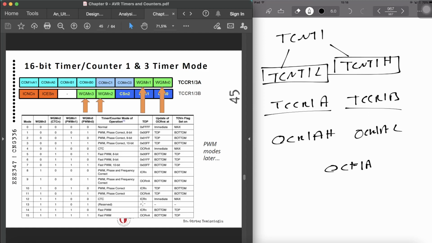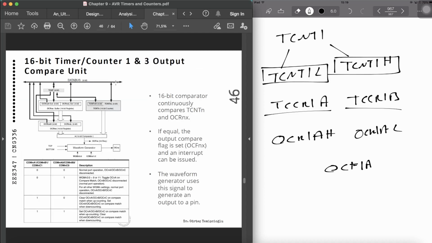This is for input capture, this is for OCR, so we can generally use 0100 for CTC and 000 for normal mode. We have to configure TCCR1A and TCCR1B in order to do that. We also have the prescalers, and some other configurations that we can do with the TCCR registers.